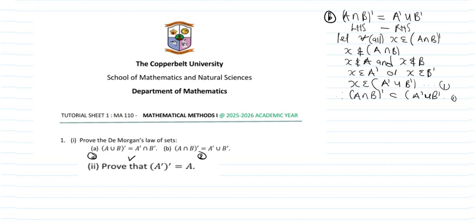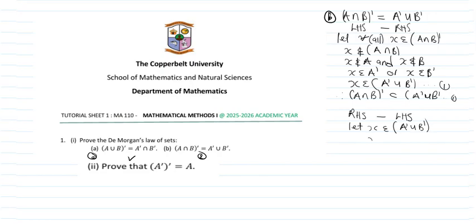Okay, so starting again from right hand side to left hand side. What you are going to do is we'll say again, let x be a member of what we have there on the left. So we have A complement union B complement, like that.